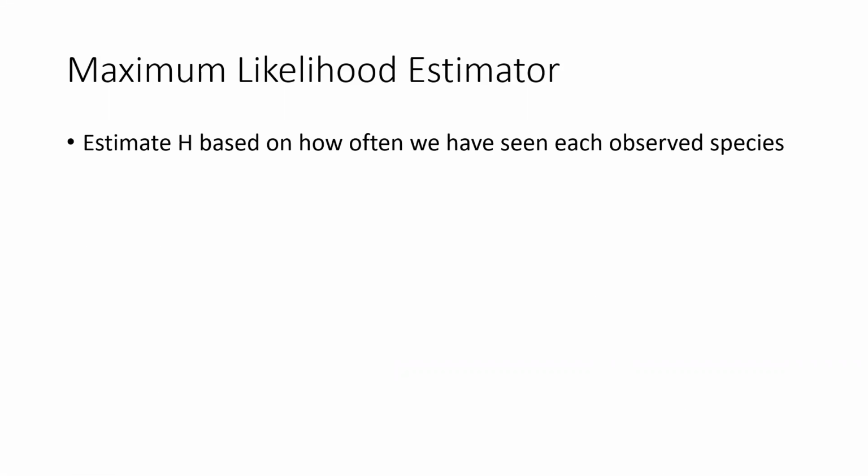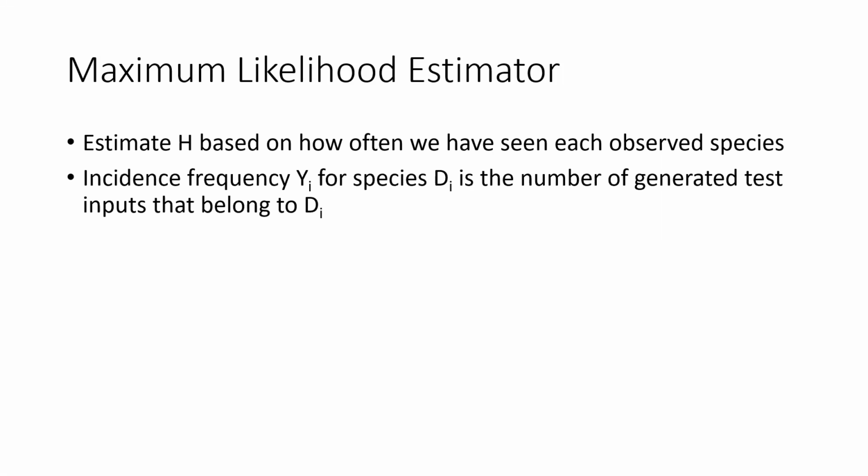They use a maximum likelihood estimator for the entropy, estimating it based on how often they have seen each observed species. They introduced the incidence frequency y: for a species d_i, the incidence frequency is the number of generated test inputs that belong to this species.